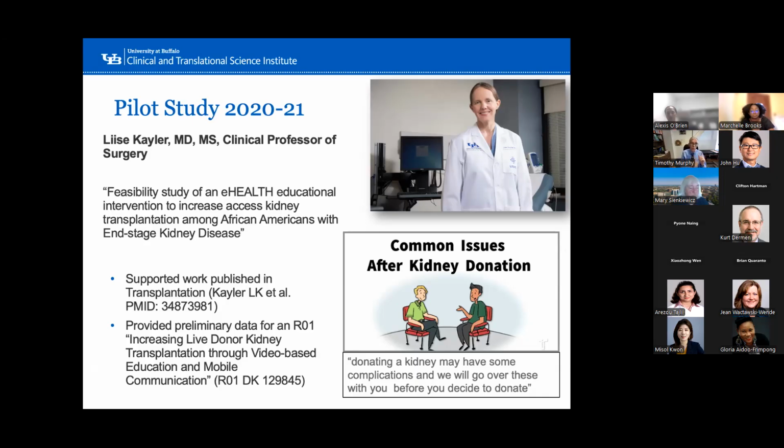And I'll just say that $200,000 comes from the CTSA grant, $400,000 comes from our institution, from UB and Roswell Park, and the dean's offices, the vice president for health sciences, the vice president for research. So we have a very supportive institution when it comes to these kinds of pilot studies.